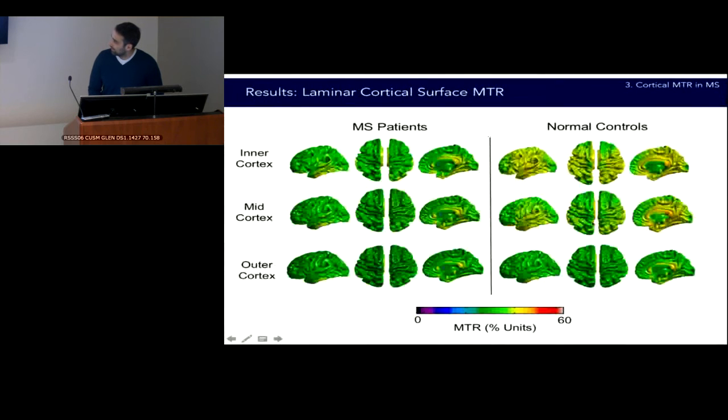These are thresholded in a way where it's a little bit difficult to see, but one would expect from these maps that along the primary motor cortex and superior hippocampal gyrus, you'd see higher MTR values, which we do see, as well as in the area of the cortex above the corpus callosum. So along the inner cortex, we see more yellow values, higher MTR, and as we move outwards towards the pial surface of the brain, we see lower MTR values.